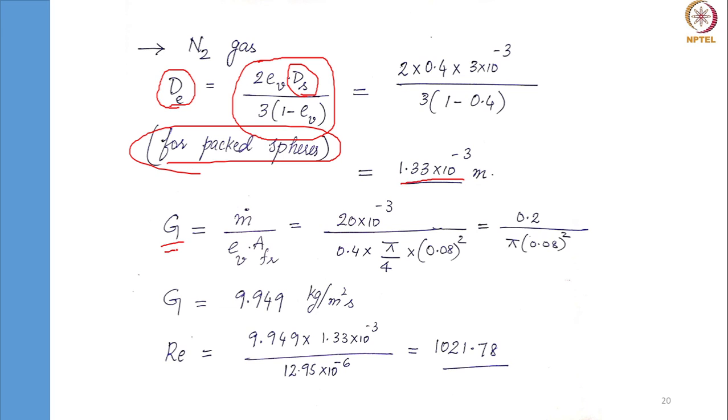Next, I find the mass velocity, m dot by free flow area, where free flow area is porosity multiplied with frontal area. I get a G value of 9.9 kg per meter square second. After finding G, I know the formula for Reynolds number as G times D by mu, so I get a Reynolds number of 1021.78. Obviously it's a dimensionless parameter.